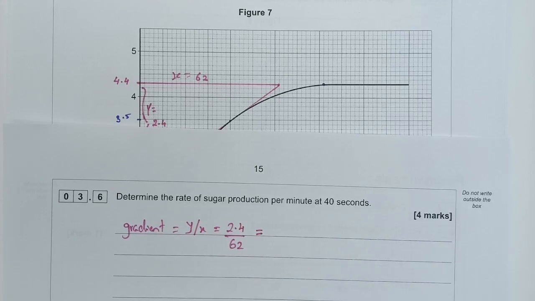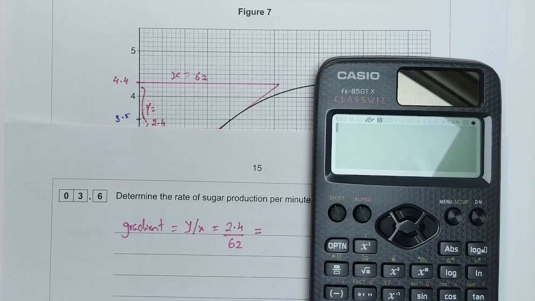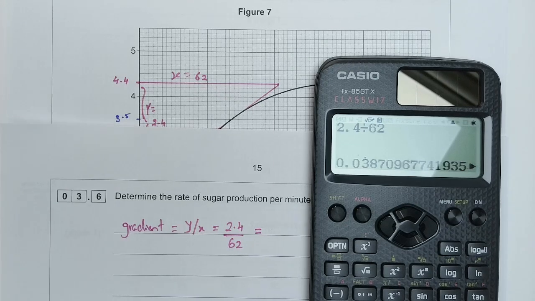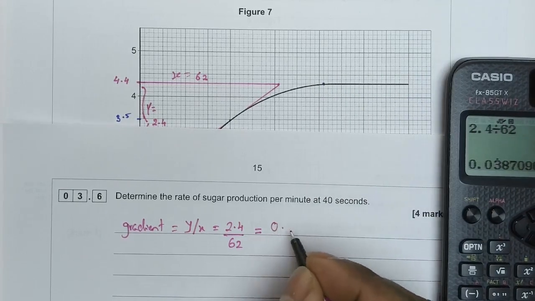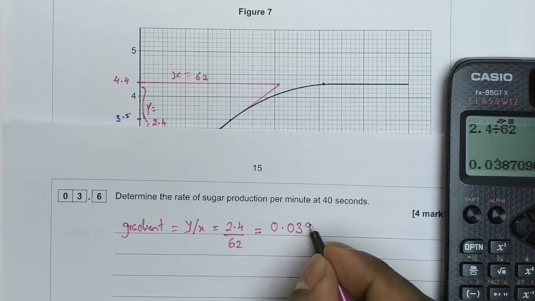So 2.4 divided by 62 gives me 6 over 155, which is 0.038. So I can round this off to 0.039.